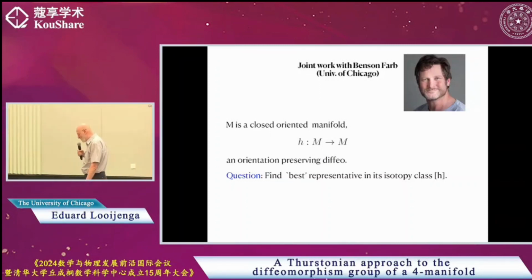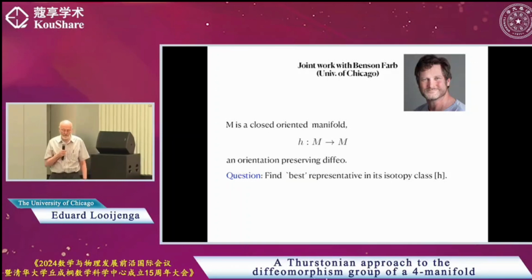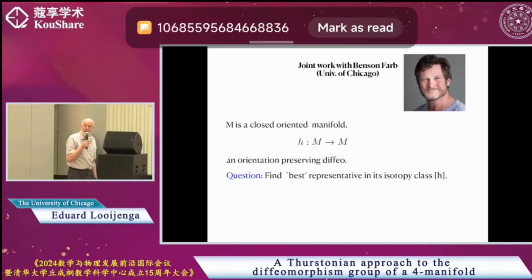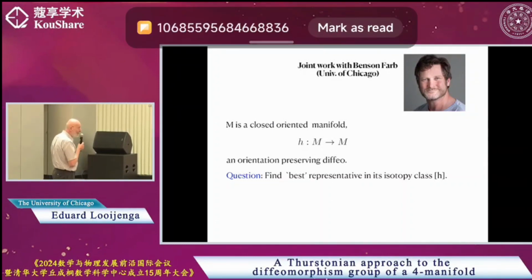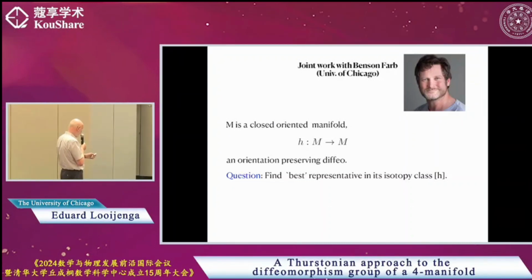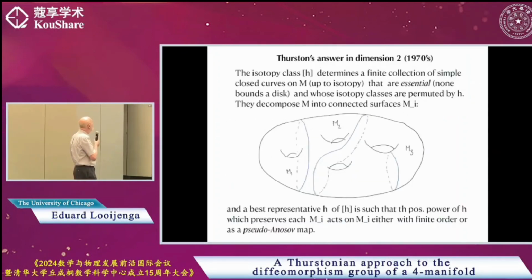And what you try to do is to find an optimal representative of that diffeomorphism in its isotopic class. It's quite remarkable that this has a very nice answer, which was in fact given by Thurston, and I'll show you what the answer is like.